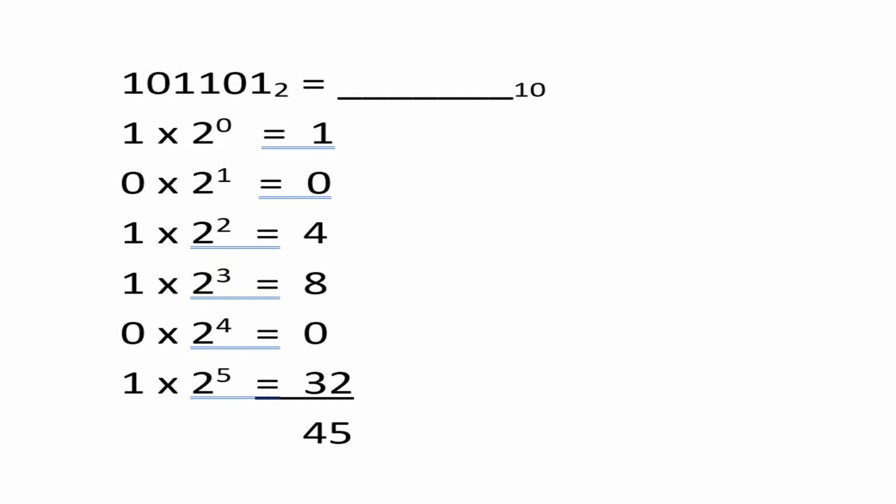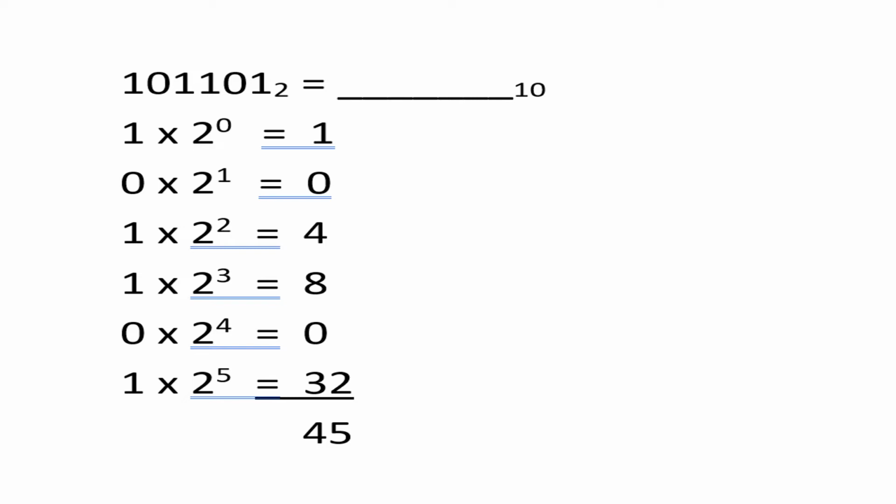Next, we have 1 times 2 raised to the power of 5. 2 raised to the power of 5 is equal to 2 times 2 times 2 times 2 times 2. You multiply 2 five times. So that is 32.